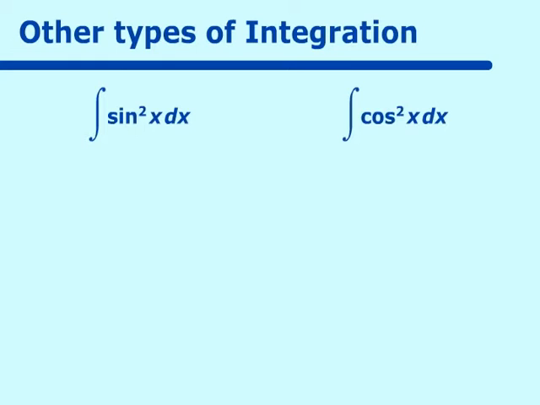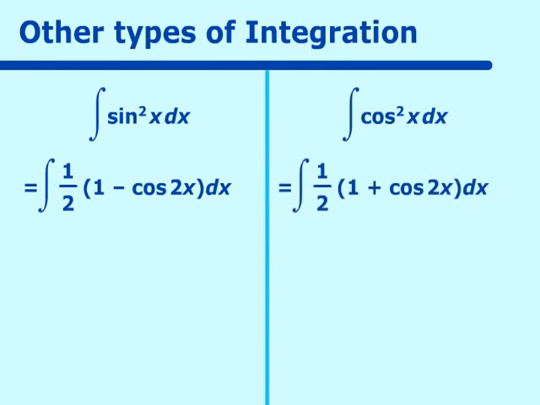And as you may have picked up in previous lessons, you used the half-angle formula to develop these. So that is equal to the integral, and the half-angle formula for sine squared is 1/2 times 1 minus cosine 2x dx. And the one for the cosine squared is equal to integral 1/2 1 plus cosine 2x dx.